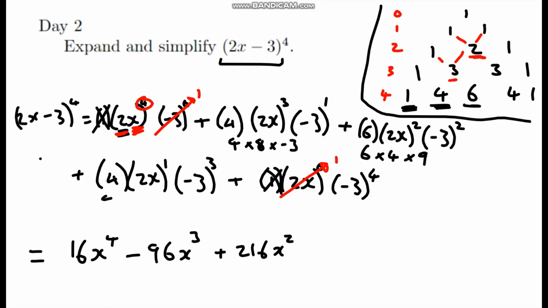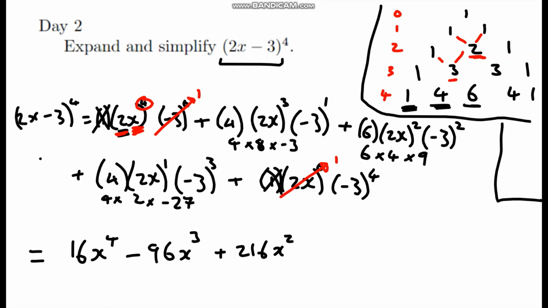Next one, 4 times 2, because it's 2 to the power of 1, times by negative 3 to the power of 3. So negative 3 times negative 3 times negative 3 is going to be negative 27. Okay, negative 27 times 2 times 4, so negative 27 times 2 is negative 54. Negative 54 times 4, so I'm going to have to do some working out on the side of my page.